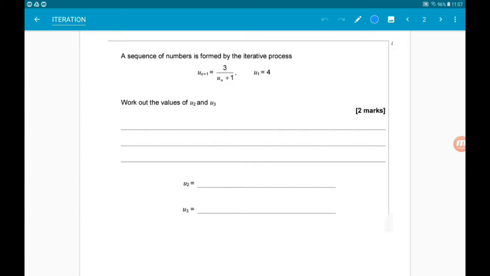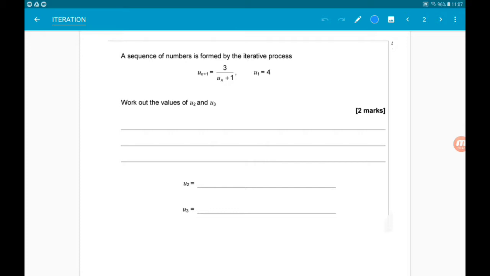So the next term is made by calculating 3 over the last term add 1. So u1 is equal to 4, and our job is to work out the value of u2 and u3.